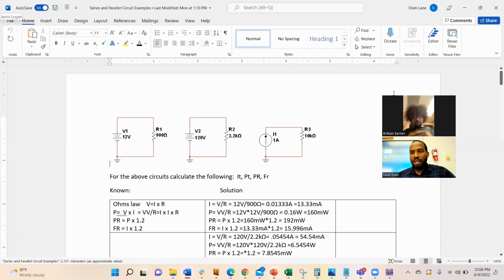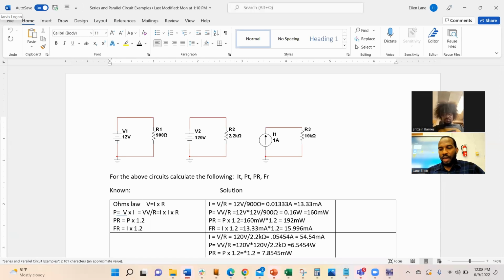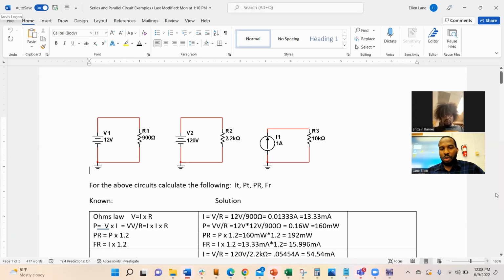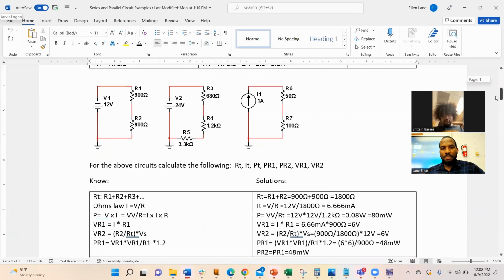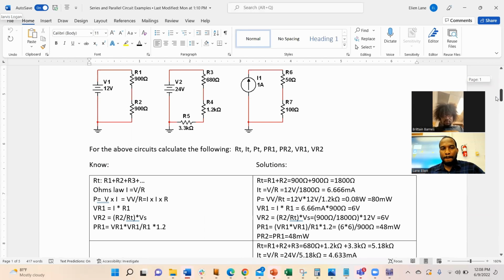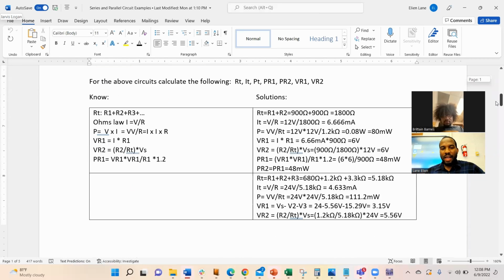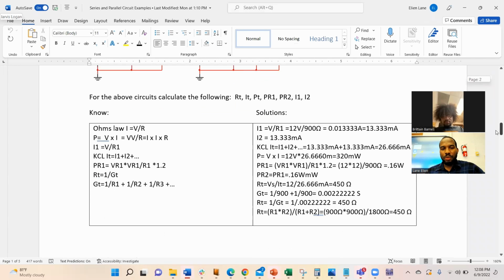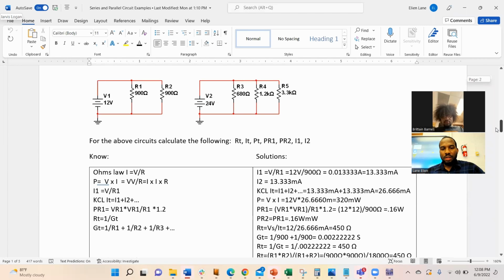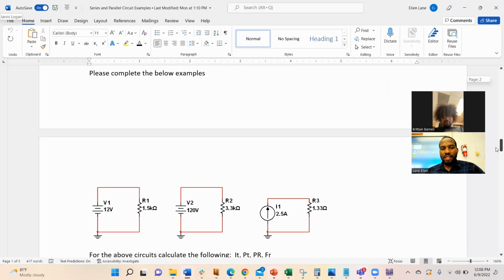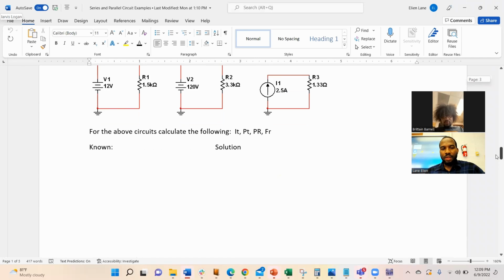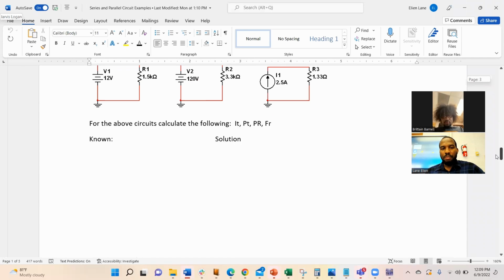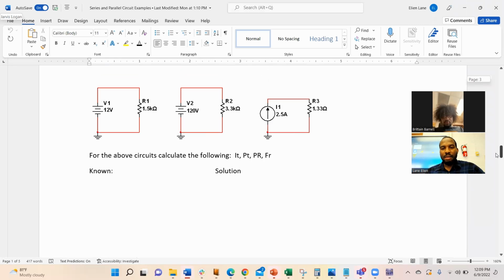So here's the document. So in this document, you can see we have examples for Ohm's law, right? Following this, we have examples for a series circuit, yeah? Then we have examples for parallel circuits as well. So it's very easy for you to simply, and I ask you to complete these examples.